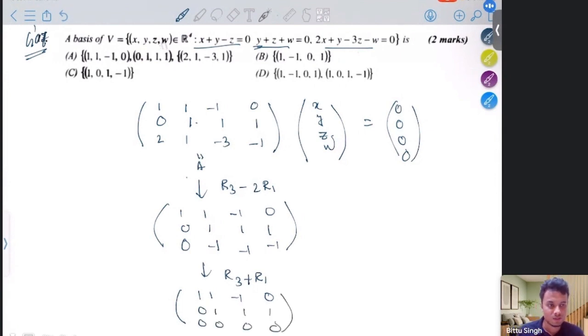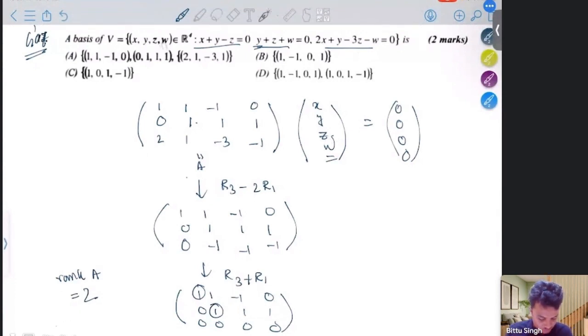So the rank of this matrix is 2 because there are two non-zero rows in reduced form, and those first two rows contain the pivots. Therefore rank of A equals 2. The solution space is given by the number of variables, here 4.